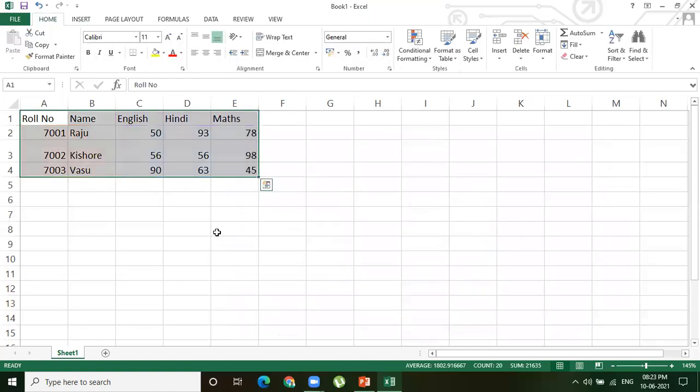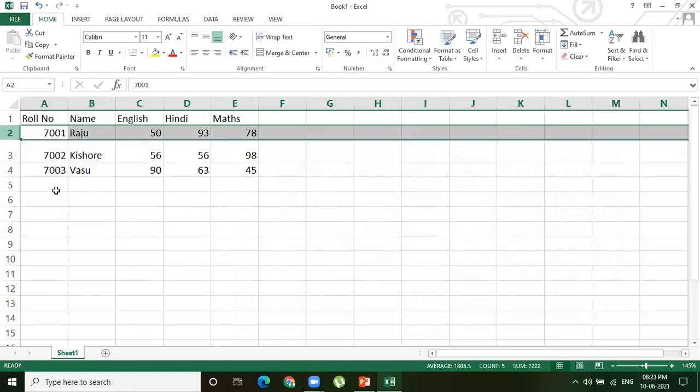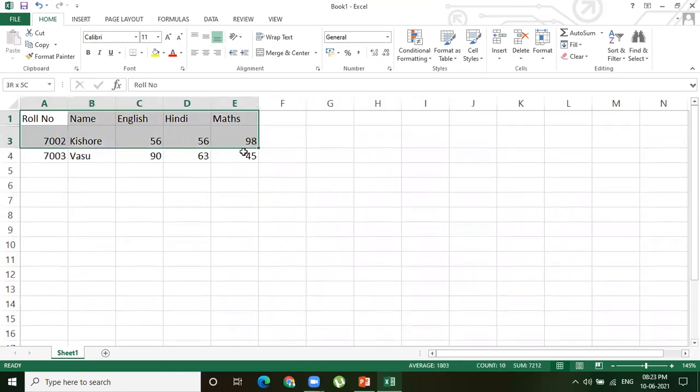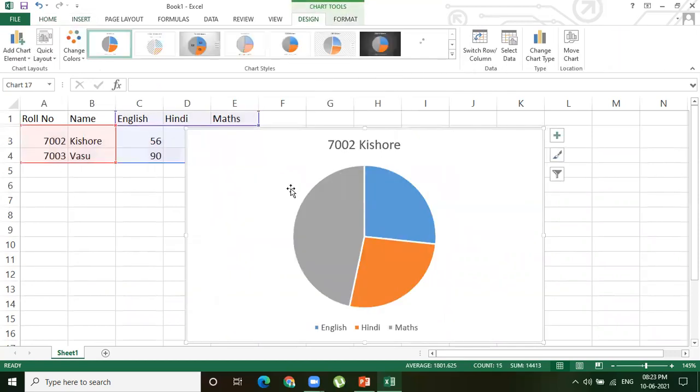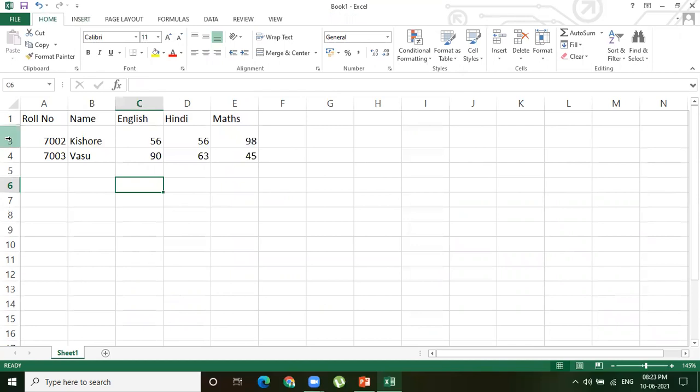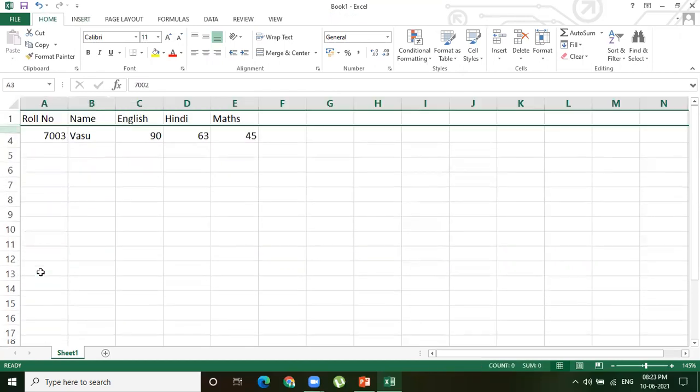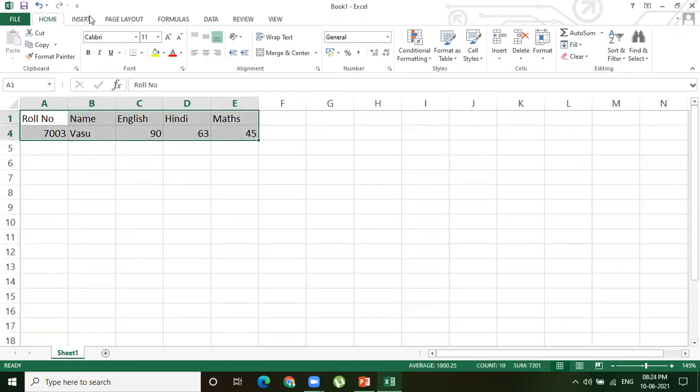Now, once again, we will try with this. So let me hide once again and let me go to insert and click on pie chart. Now you see only for Kishore it is showing. It means it only shows one data series for one student, right? So let me hide this also once again and take pie chart.